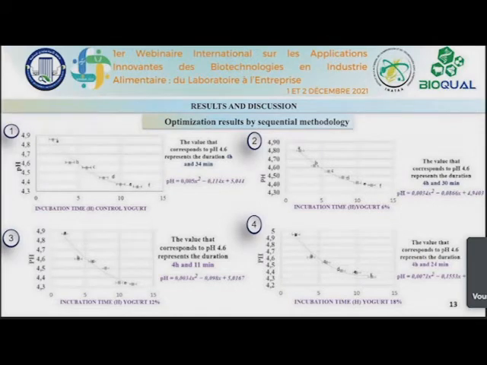In graph 2, we have 6% of extract with a duration of 4 hours 30 minutes. In graph 4, we have 18% of extract with a duration of 4 hours 24 minutes. Note that the best duration is 4 hours 11 minutes, which is represented by graph 3 with a rate of 12% of crocin extract. We deduce that it is better in terms of saving, whether energy or financial.